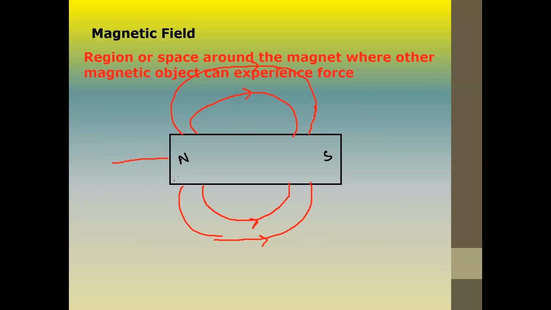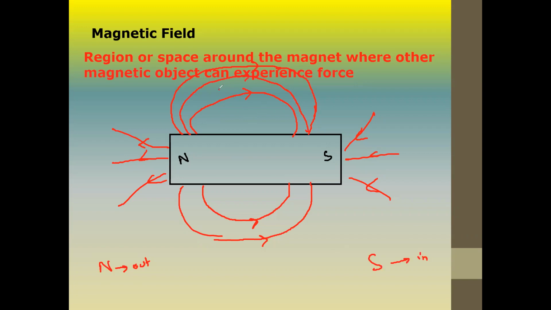So this is a region, the space around the magnet where other magnetic objects can experience the force. And the direction, this is our assumption, is always out from north and into south. These lines mean the space where the object is within these spaces. For example, if I place an object here, anywhere, these lines are representing magnetic field lines.